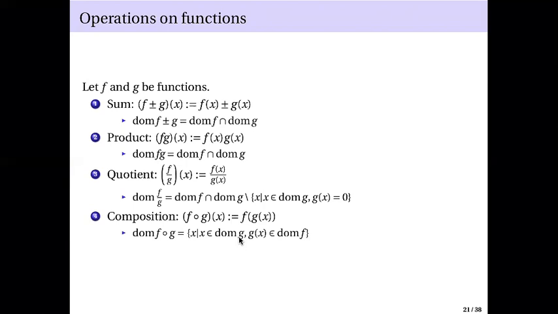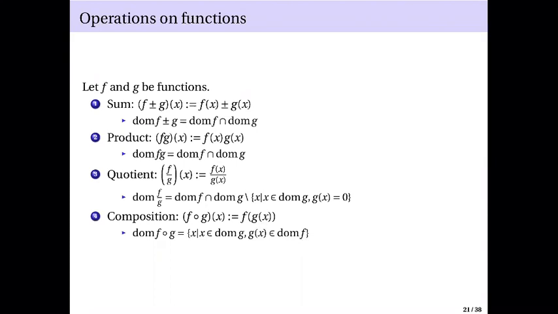Now you have to make sure that g of x, the number you got after you evaluate your x in g, is inside the domain of f. So again, look at this. You get your x, you evaluate your x at g, so you will have your g of x.